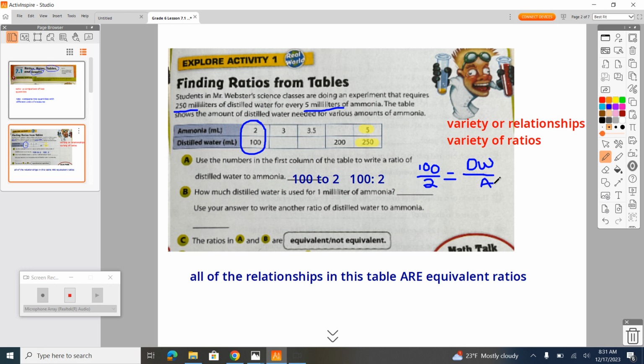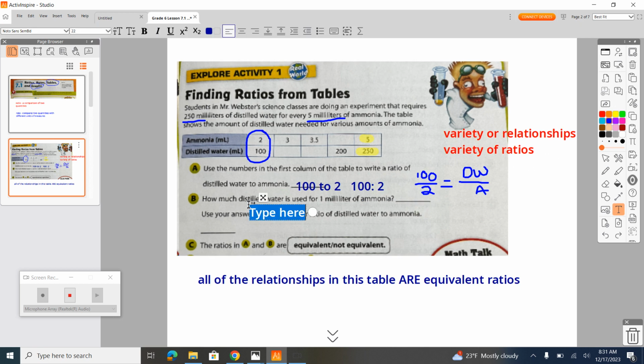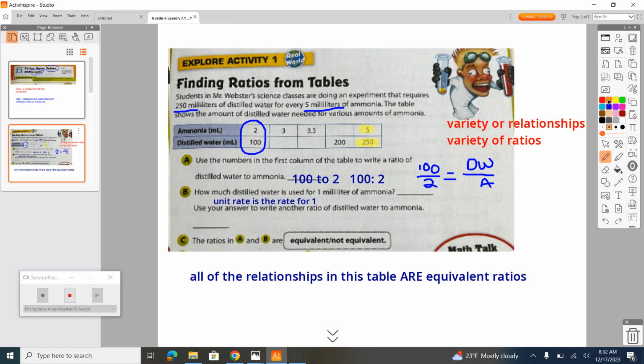By the way, the rate for 1 is our unit rate, as we talked about in prior lessons. The reason I like setting this up as a fraction is now I'm just dividing. 100 divided by 2 is 50.